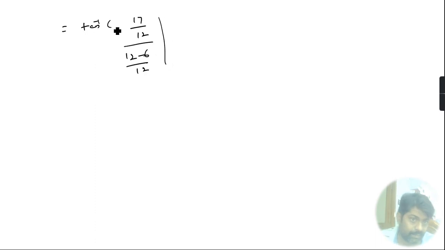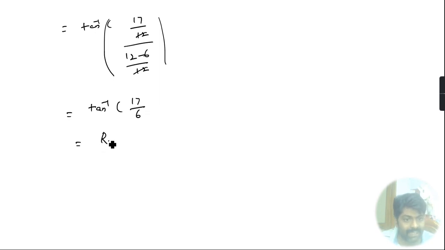So we get tan inverse of 8 plus 9 is nothing but 17 by 12 divided by 12 minus 6 by 12. The 12 will be cancelled, and finally we get tan inverse of 17 by 6, which is equal to RHS.